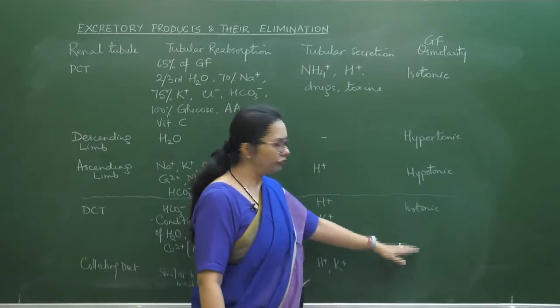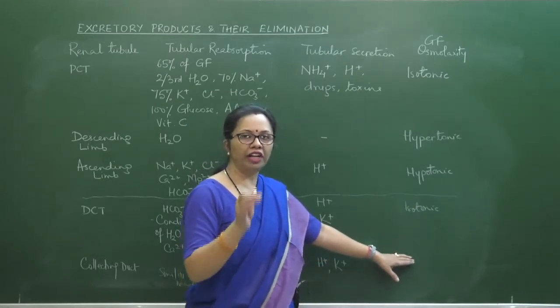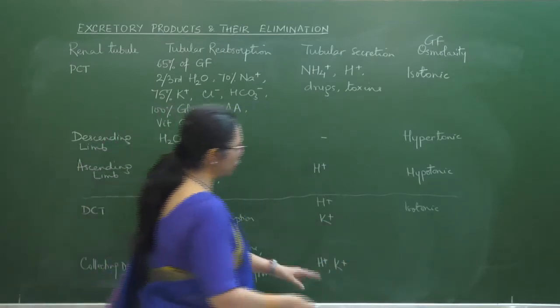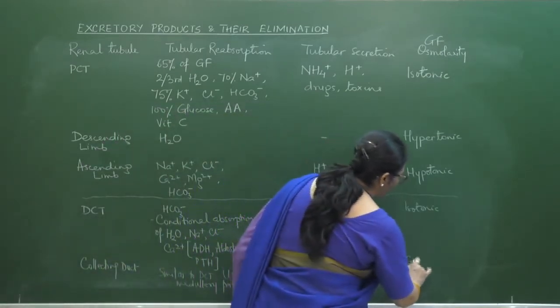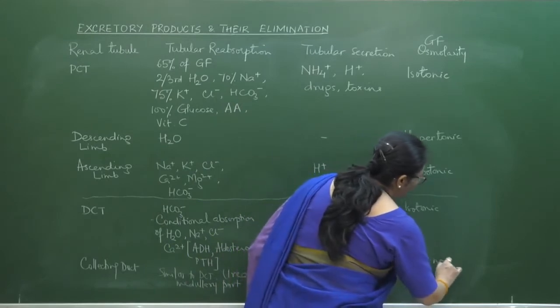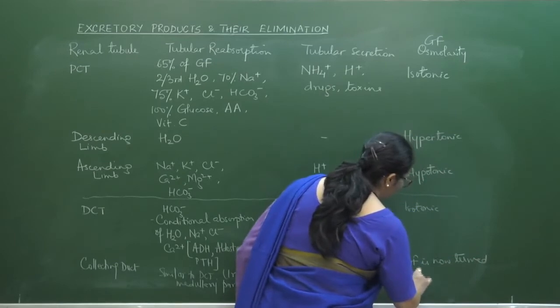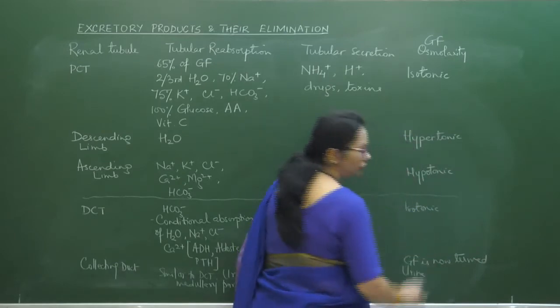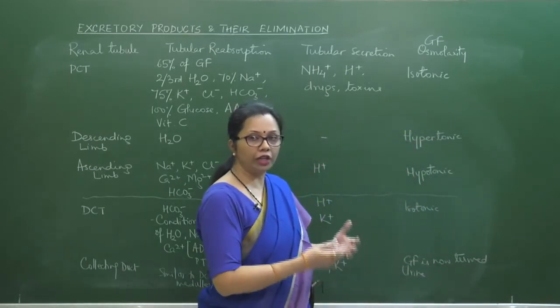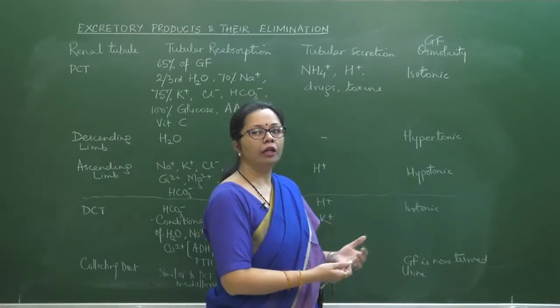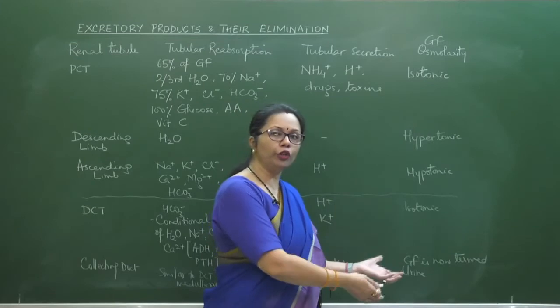And here for the first time now the glomerular filtrate is called urine. So once it reaches collecting duct, we can mention this glomerular filtrate is now termed urine.